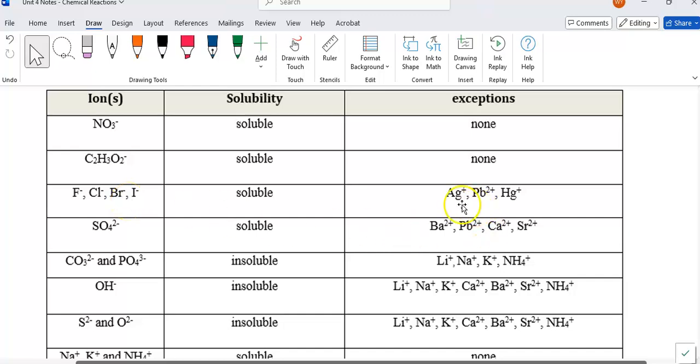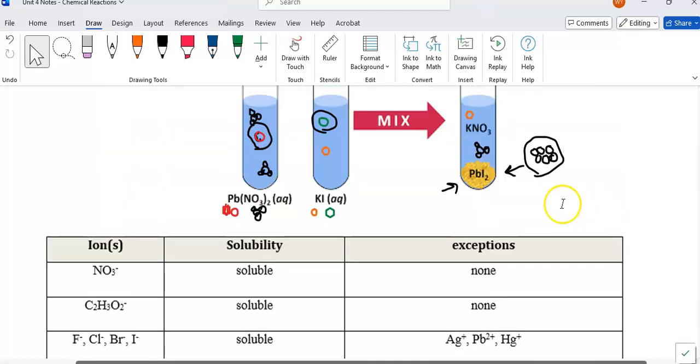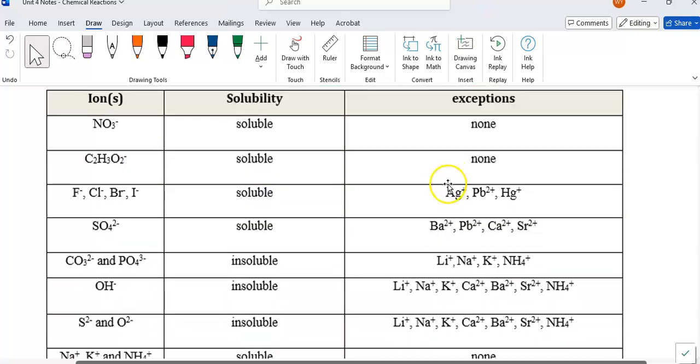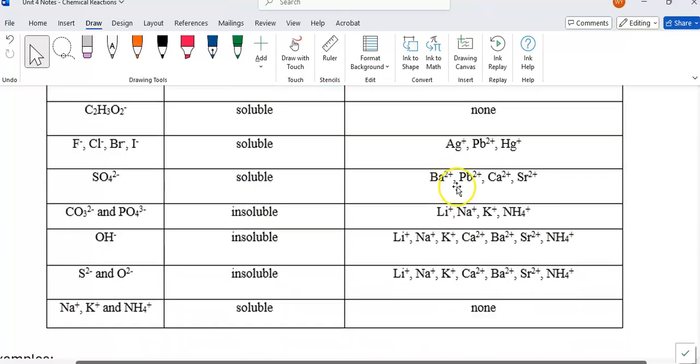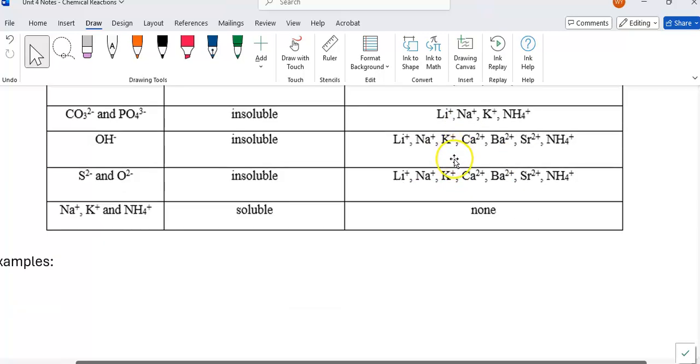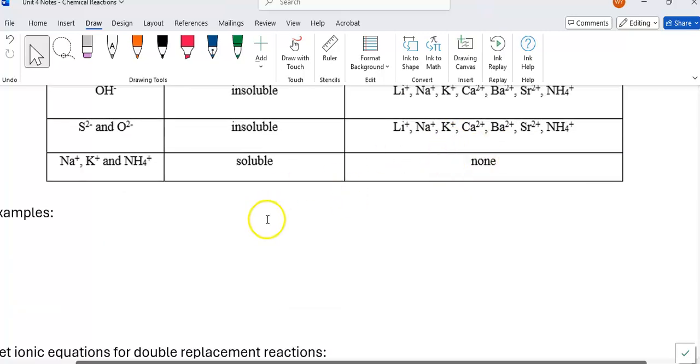But when the positive ion is one of these 3, they tend to stick together and form precipitates. And since the lead(II) in PbI2 is one of those exceptions, that's why we had a solid precipitate form. Okay, so our PbI2 was solid, our KNO3 is aqueous, and the fact that we got 1 solid out of this is what tells us that we have a reaction.